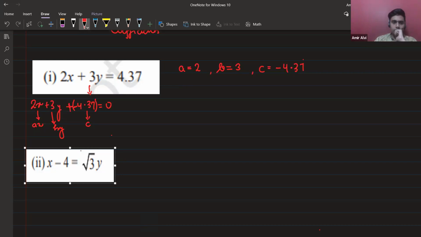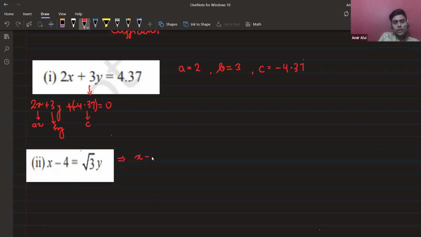Yes Simrat, any answer? Wait, what will I write for a? Think about it. If there is 1, write 1. If there is 2, write 2. No, there's 4. Okay, Simrat, look at the question. You have to modify the equation a little bit.